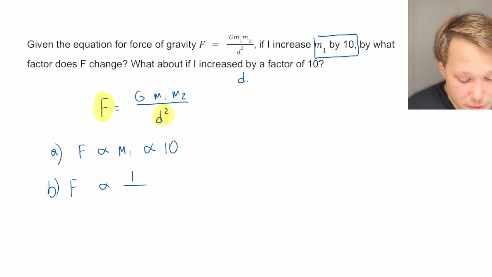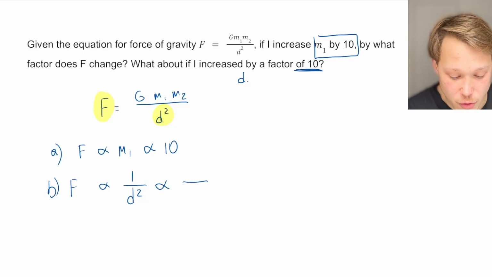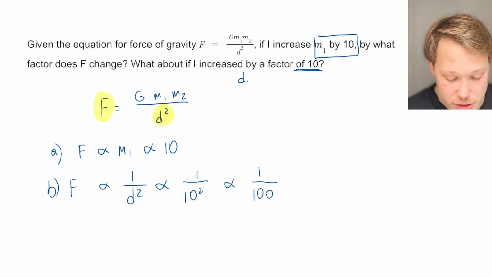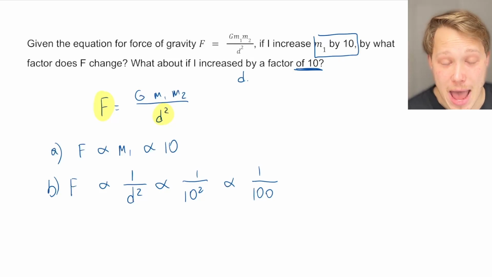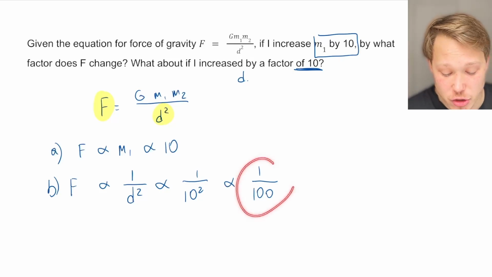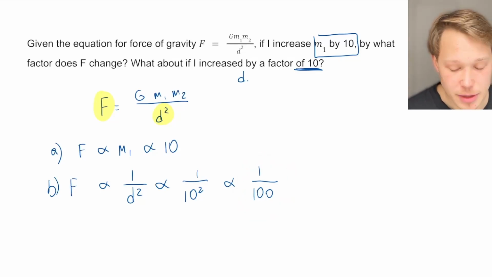So it's going to be F proportional to 1 over distance squared. Now we're plugging in 10 for the factor of distance. So therefore 10 squared will be 100. So if I increase d by a factor of 10, my F will change by a factor of 1 over 100, right? Great.